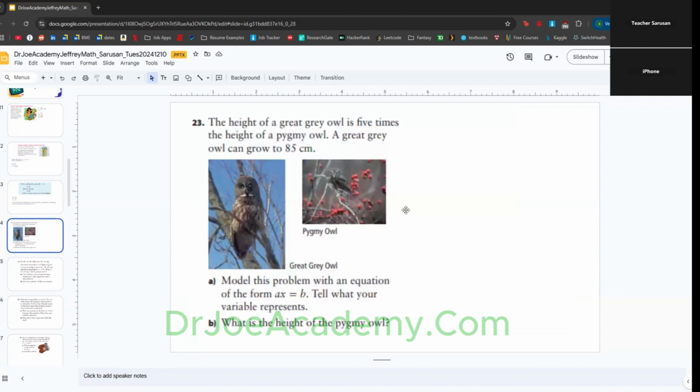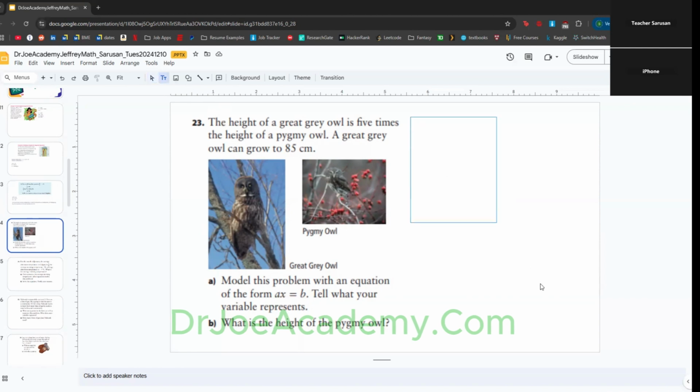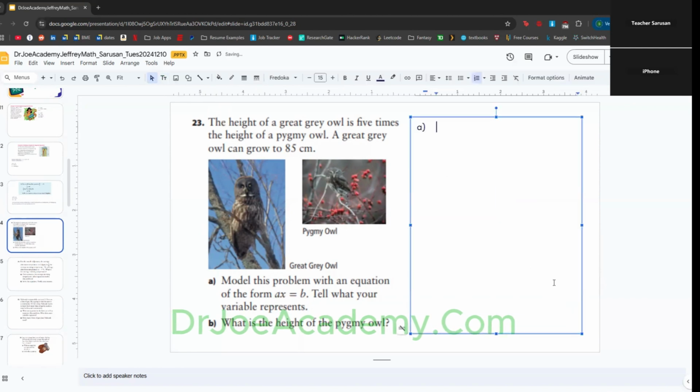Let's move on to a couple other questions here. The height of a great gray owl is 5 times the height of a pygmy owl. A great gray owl can grow to 85 centimeters. Model this problem with an equation of the form ax equals b. All right, we can do that. Wouldn't it just be 85 divided by 5?